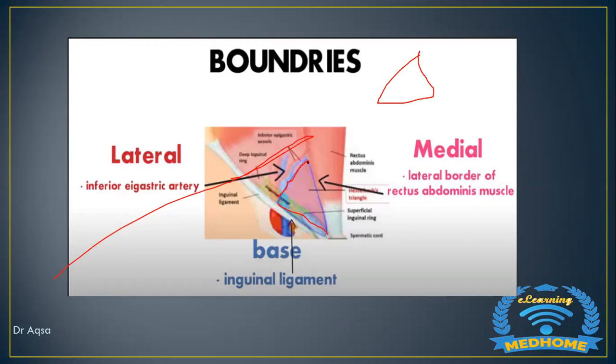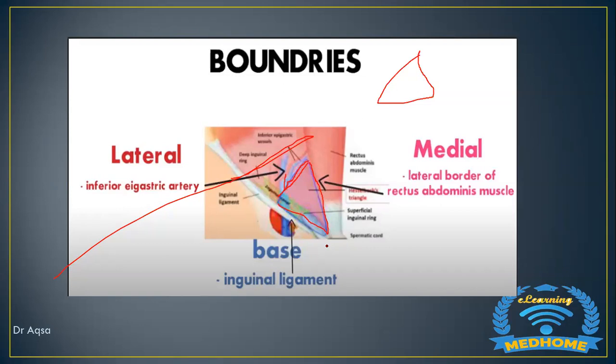Medially, we have the lateral border of the rectus abdominis muscle. So to remember easily: the lateral boundary is formed by the inferior epigastric artery, the medial one by the lateral border of the rectus abdominis muscle, and the base by the inguinal ligament.